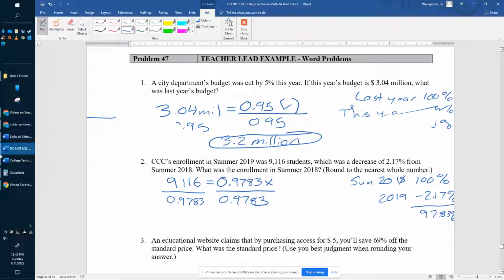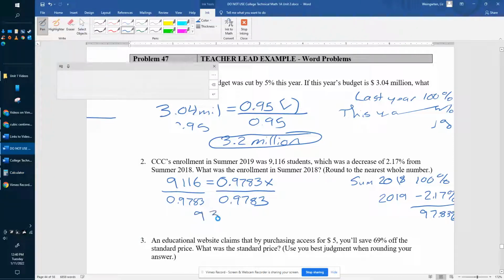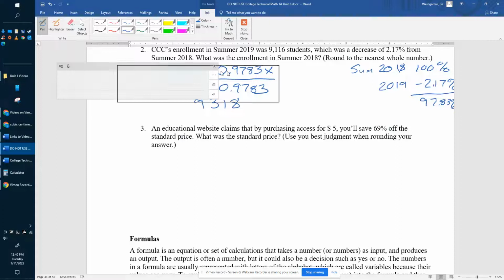And let's see what we get. We can't have a percentage of a student, so we're going to round to the nearest student. 9,318, which is larger than this year's, so that is a reasonable solution.